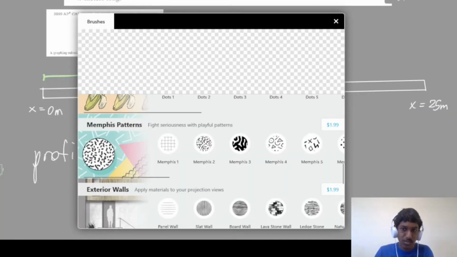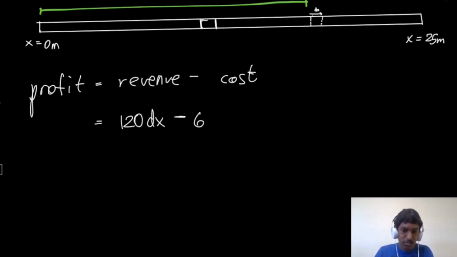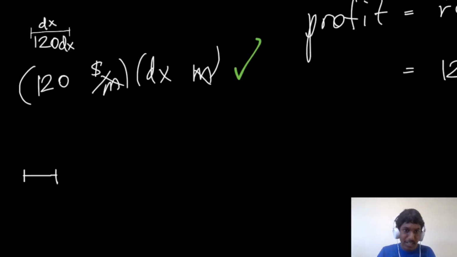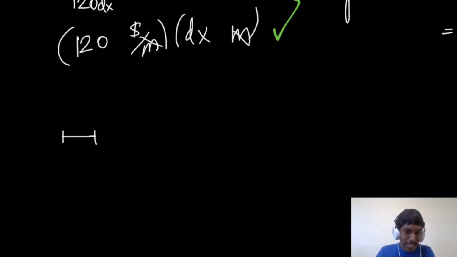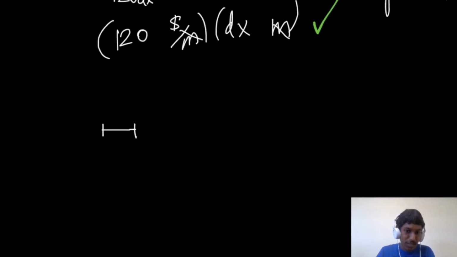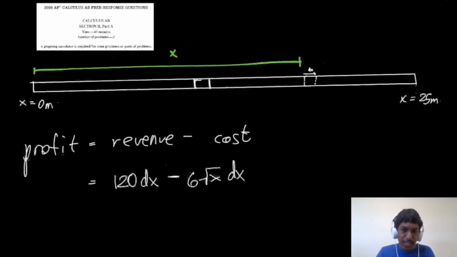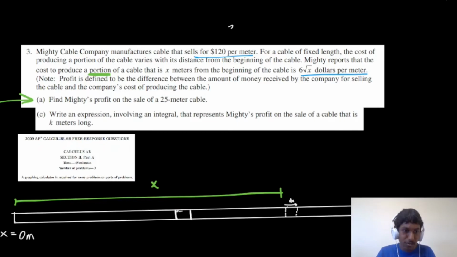In the cost, it's going to be 6 root x dollars per meter times our dx, how long this small piece is. This is, again, similar to the above case, except now our rate is just changing. So now if we've got a dx cable, we're making 6 root x dx dollars. But this only applies to a very small dx, because that's the extent to which this function applies, right?